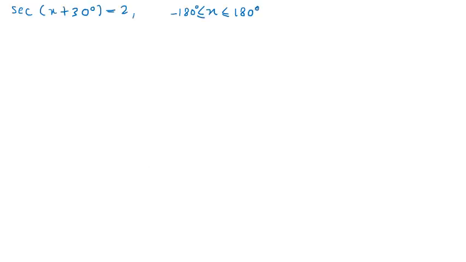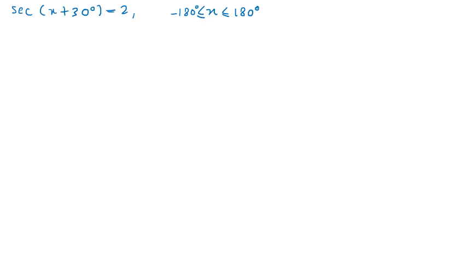The question given: secant of x plus 30 degrees equals 2, and the value of x can be between negative 180 degrees and positive 180 degrees.